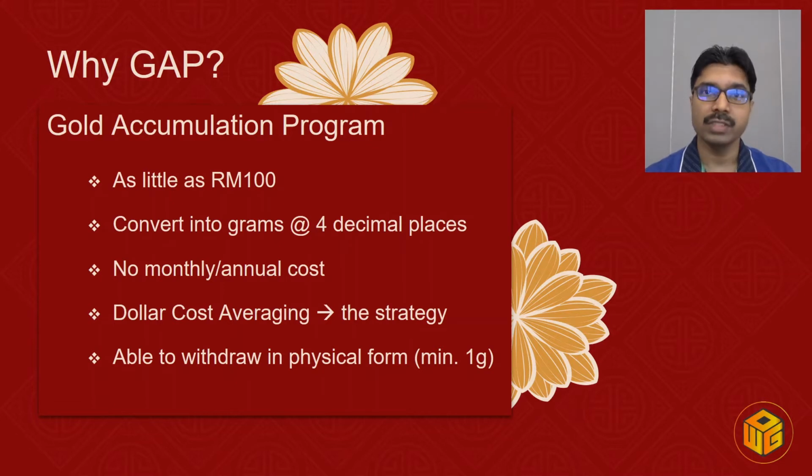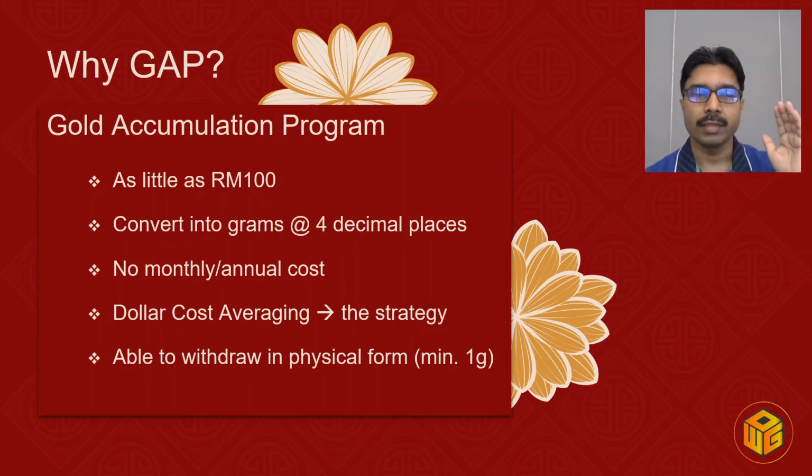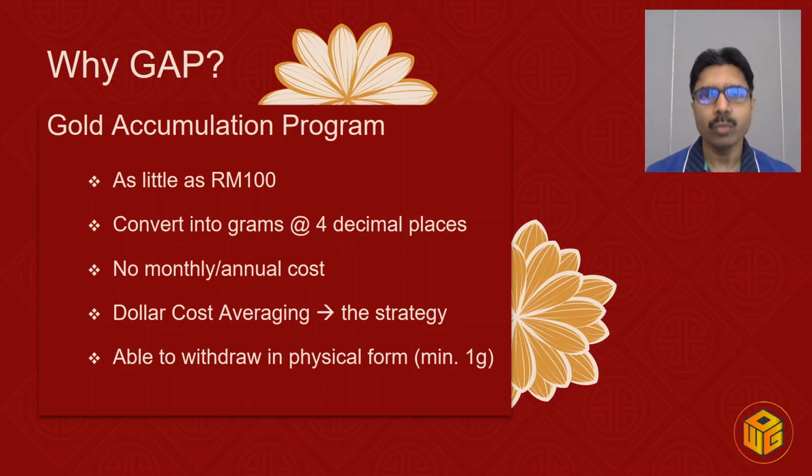By consistently following this strategy, there is no need for you to look at the gold price, do any technical analysis, or any additional homework to know when to buy or when to sell, because dollar cost averaging is a very straightforward method.